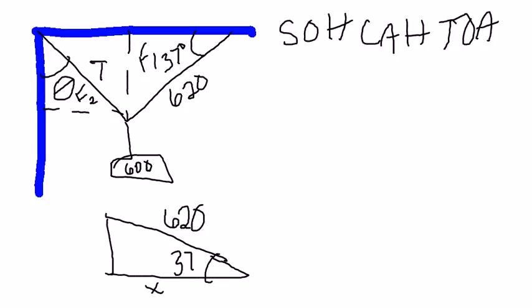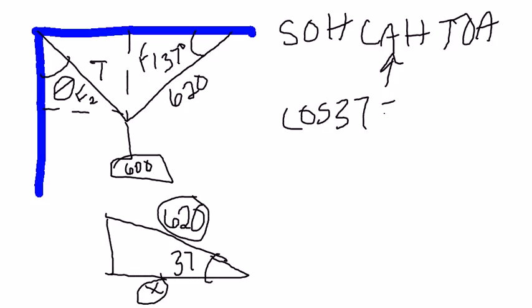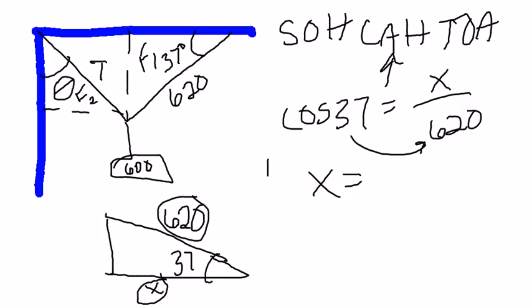Since we're going to need adjacent over hypotenuse, we're going to use the cosine. So cosine of 37 is equal to X over 620. Multiply this by this, and you get that X, which is F1 of X, is equal to 495.15.